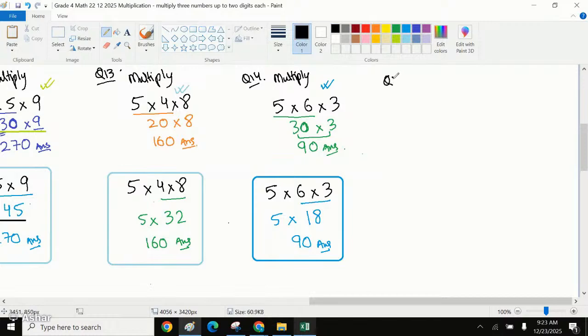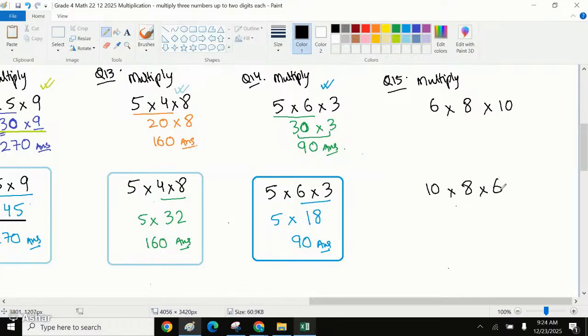Let's try question number 15. I write down the question numbers so that it's much more convenient and easy for you to refer. Okay. Multiply 6 multiplied by 8 multiplied by 10. We had 10 multiplied by 8 multiplied by 6.